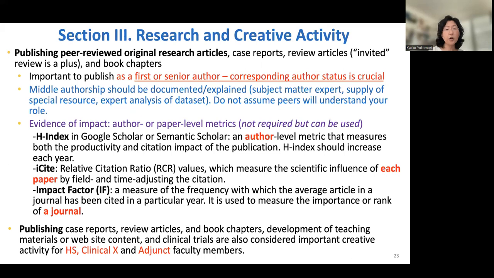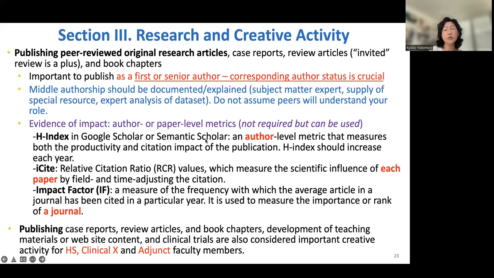Also, if you're publishing in a solid, specialized journal that's well respected, but the impact factor is not that high because the field is kind of small, which is fine, then you can, for example, use something like relative citation ratio, which addresses the influence of your individual paper, because impact factor is for the journal and not for your paper. This kind of metric addresses the impact of your articles. You can use something like that too.